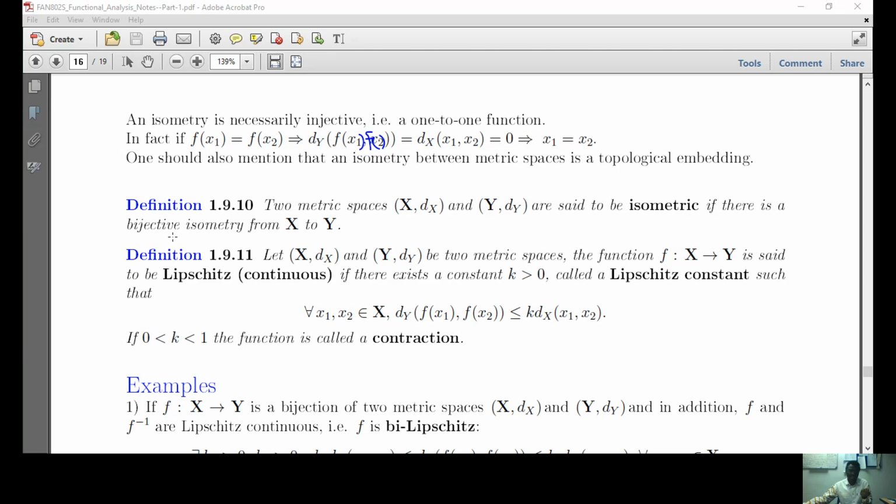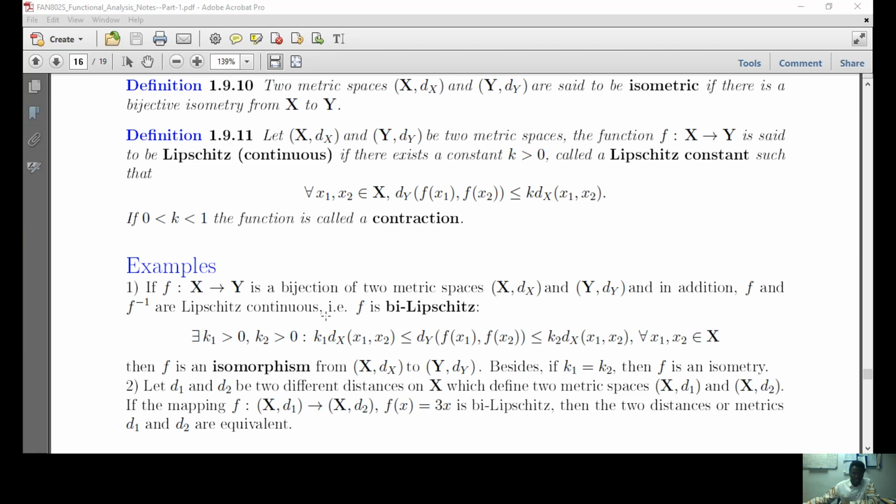We know already that an isometry is injective, so it just needs to be onto, that is a surjection. If it's surjective, it will be a bijective isometry.